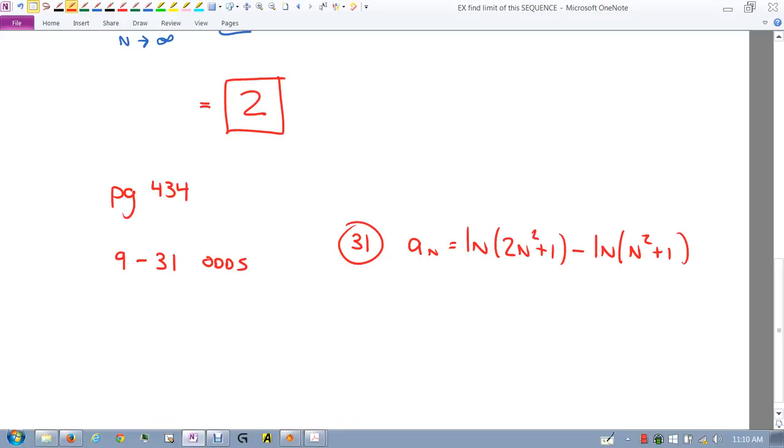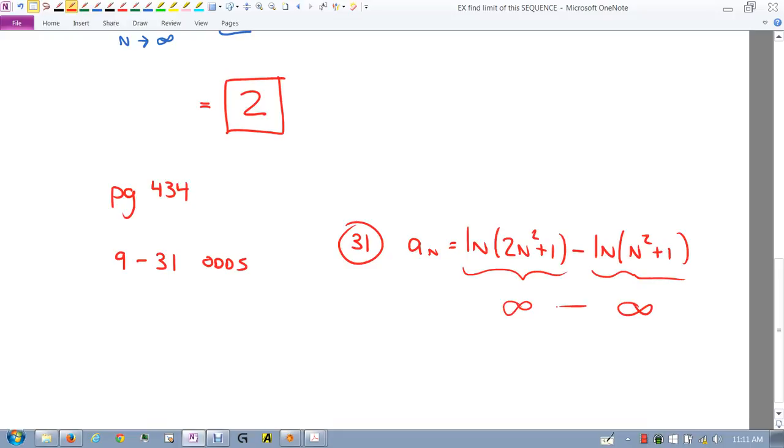If it converges, what is its limit? So you're going to let n go to infinity in this thing. What happens to this whole thing right there when n goes to infinity? What does it turn into? Infinity. This one? Infinity. Infinity minus infinity is an indeterminate form. We don't know what that is.